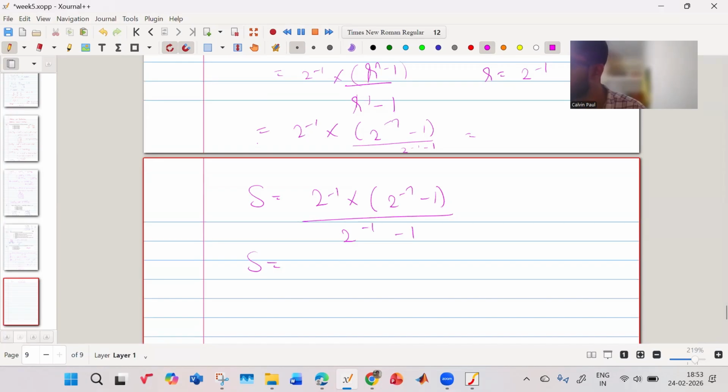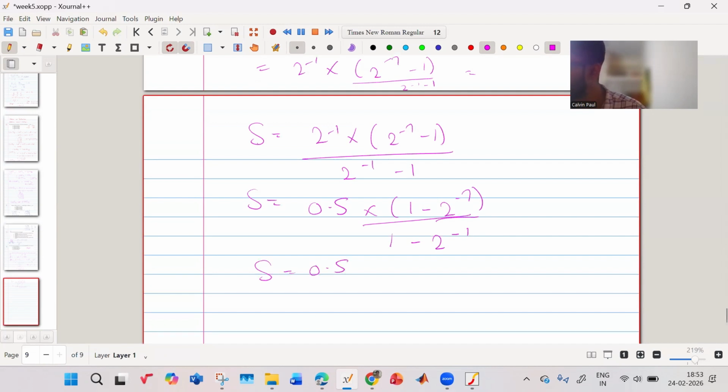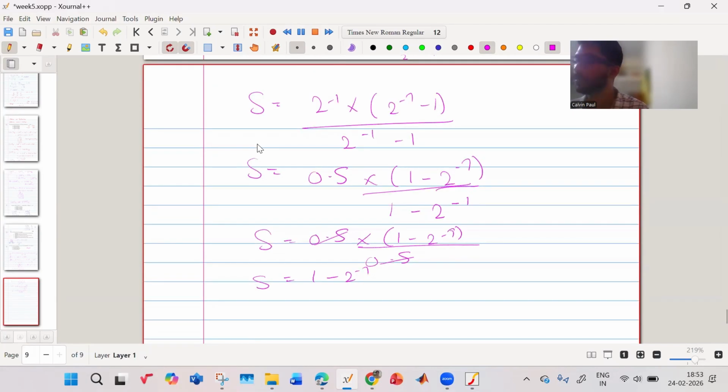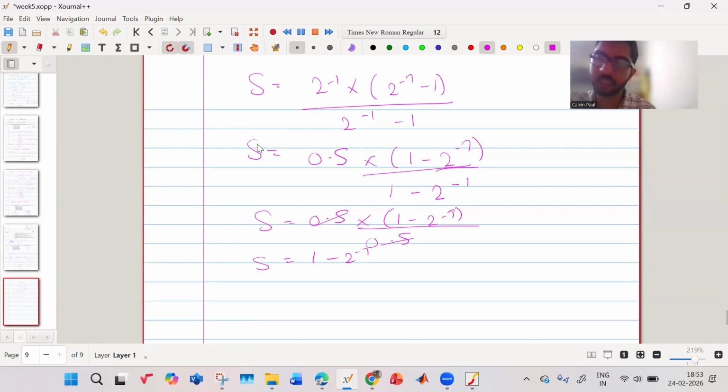This is 0.5 into 1 minus 2 raised to minus 7 upon 0.5. Cancel it. The sum is 1 minus 2 raised to minus 7. You have to compute 2 raised to minus 7, and then you can get the sum.